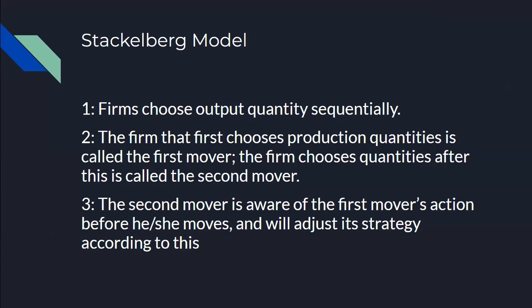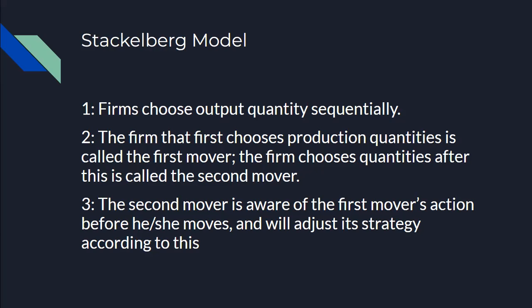Firstly, the firms choose output quantity sequentially. Secondly, the firm that first chooses production quantity is called the first mover, and the firm that chooses quantity after the first comer is called the second mover.